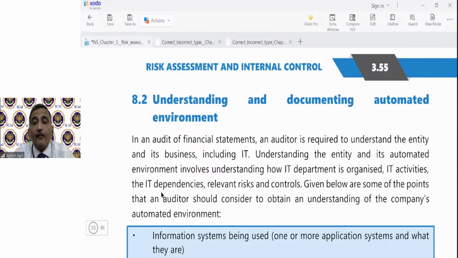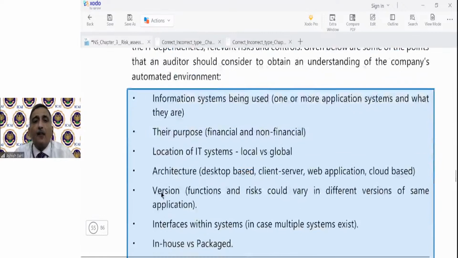Which type of software the company is using, whether it is on ERP or whether it is just maintaining its accounts using some sort of software, and within that, what is its architecture.